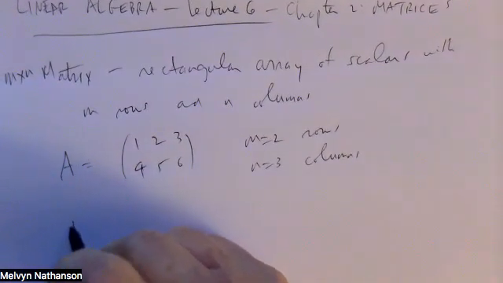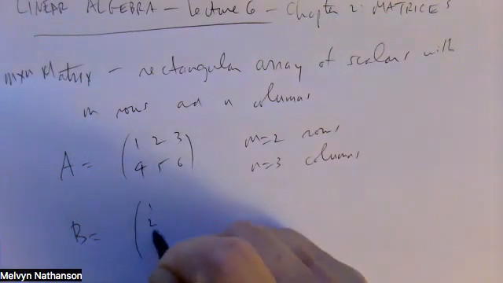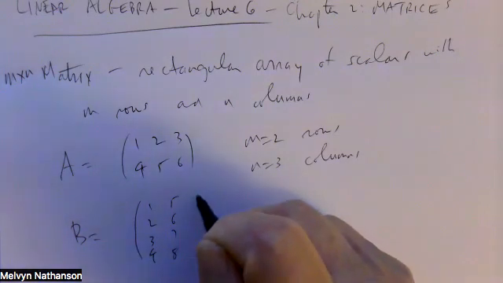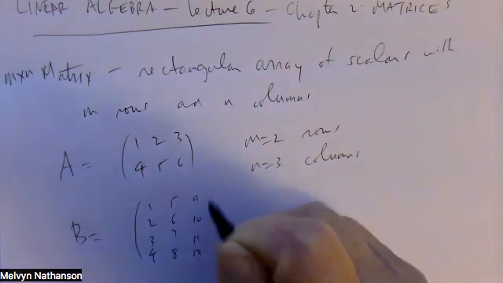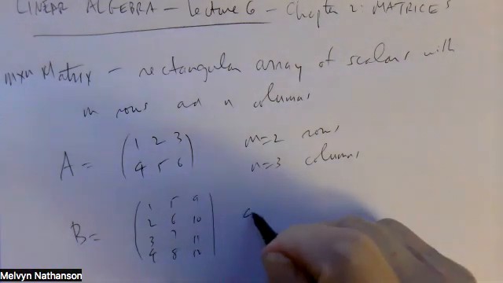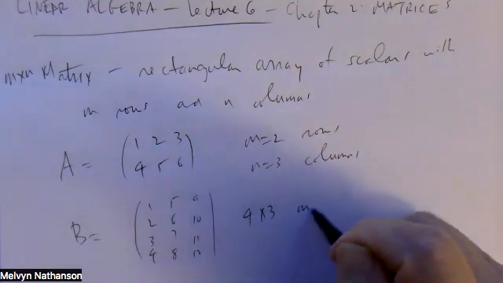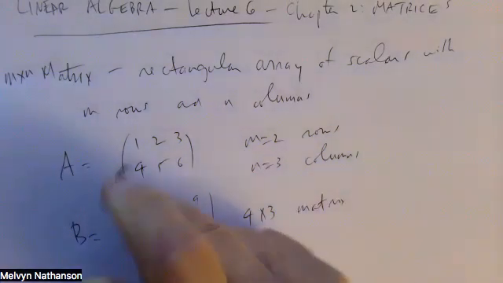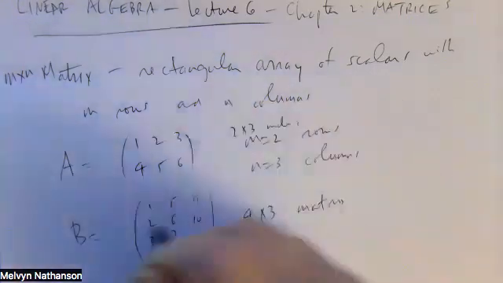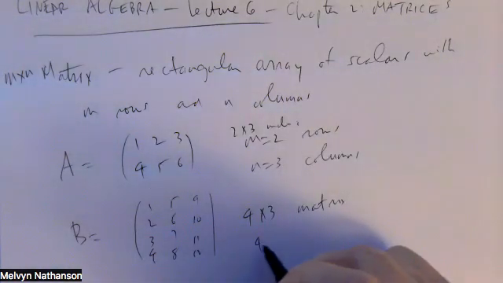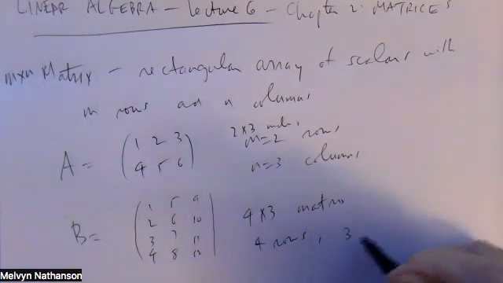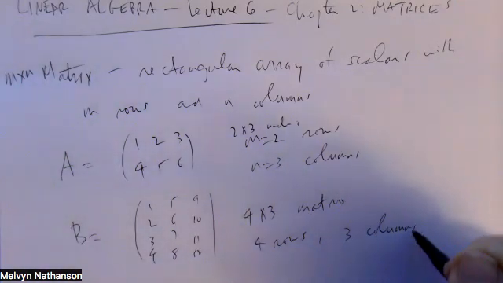If you take the matrix B, 1, 2, 3, 4, 5, 6, 7, 8, 9, 10, 11, 12, for example, this is a 4 by 3 matrix. This A was a 2 by 3 matrix, because the number of rows is 4, and the number of columns is 3.